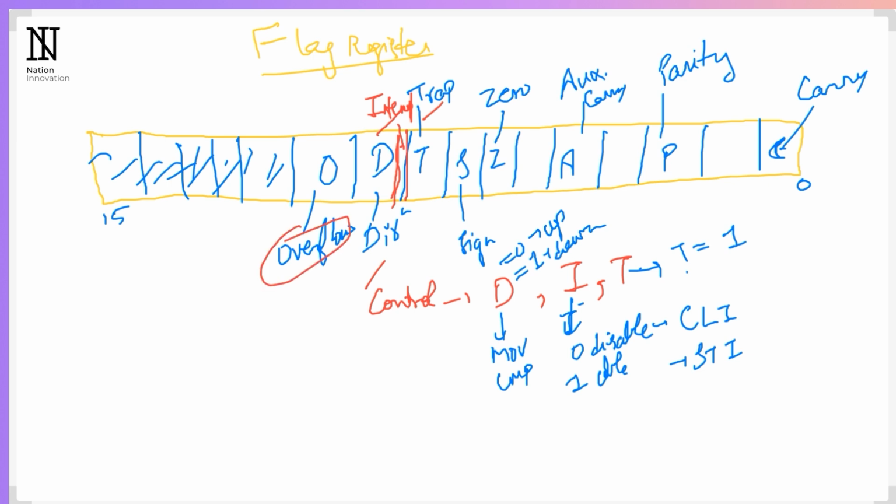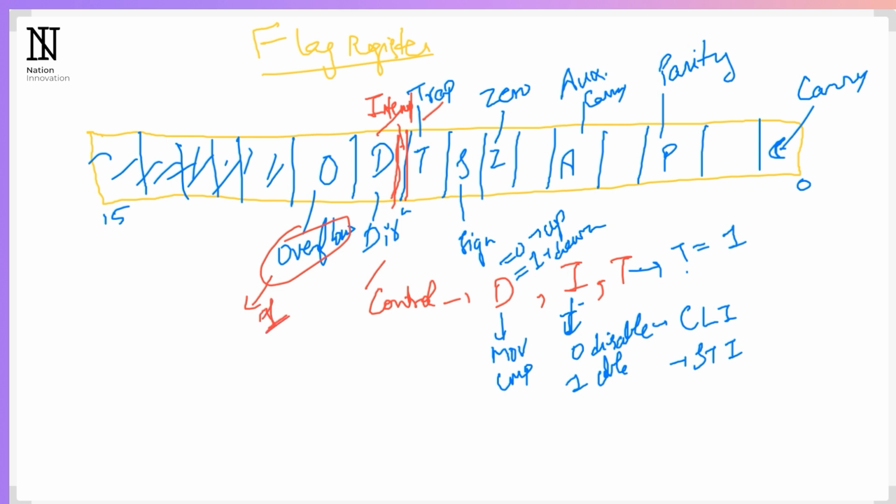Overflow: the flag is set when the result of a signed arithmetic operation is too large to fit in the destination register. For example, if you are adding two 16-bit numbers of the same sign and overflow occurs, then the overflow flag will be 1. Then we have the carry flag.